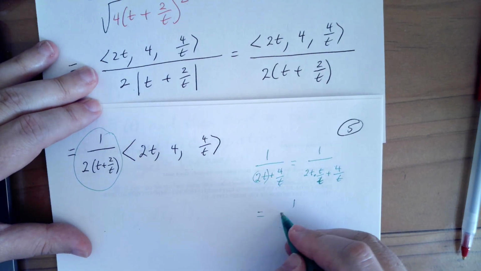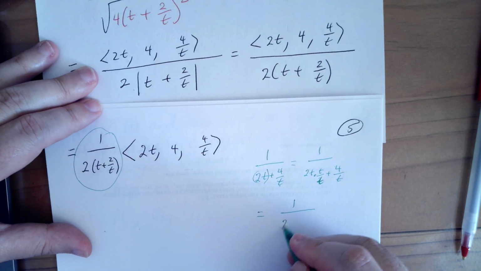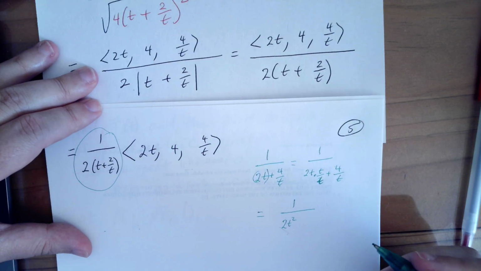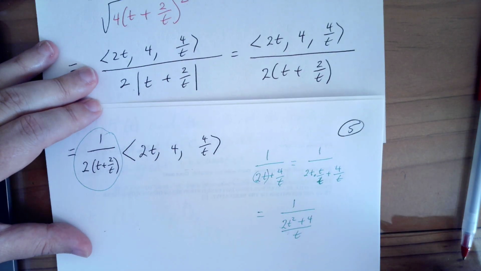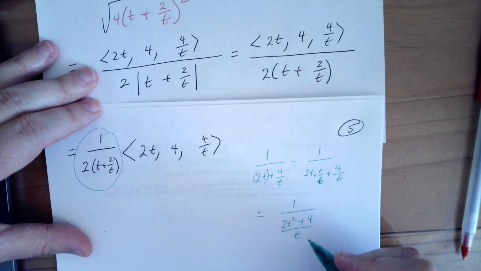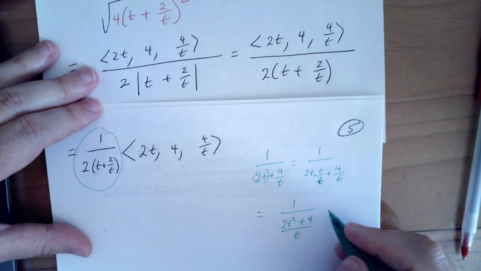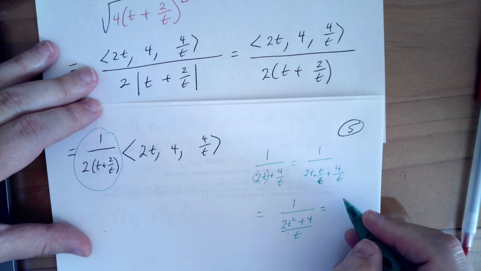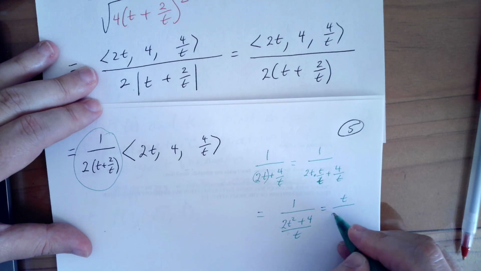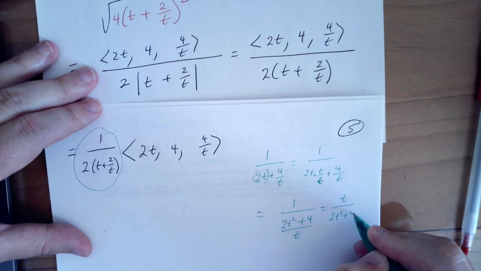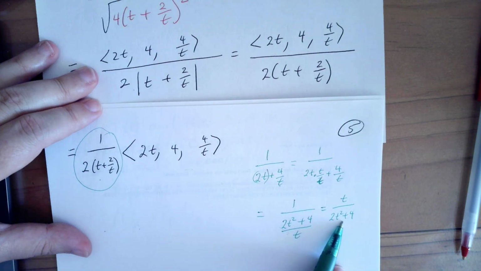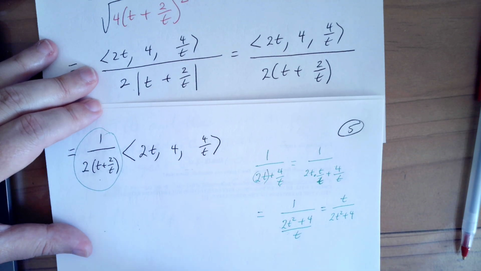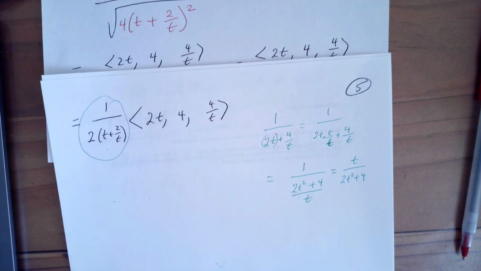So this will be 1 over 2t squared plus 4 over t, and of course dividing two fractions, multiply by reciprocal, so we'll get t over 2t squared plus 4. So if you want to replace this part with this, you certainly can, and then just distribute things out. That's totally fine.